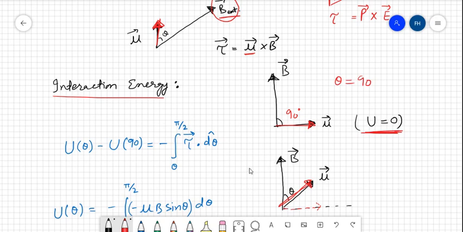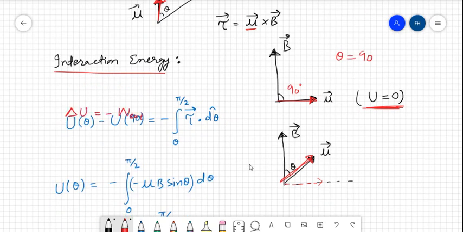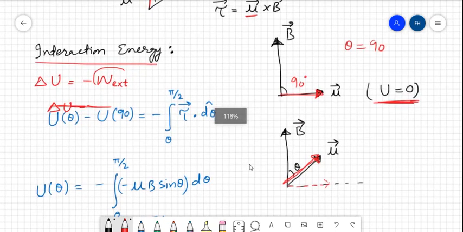For that energy you can simply use this equation: the change in internal energy equals minus the work done by the external forces. So you just have to calculate the work done, and then you can get the change in energy.